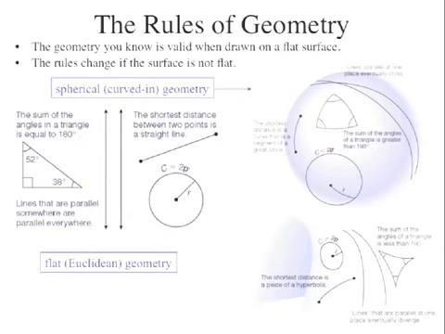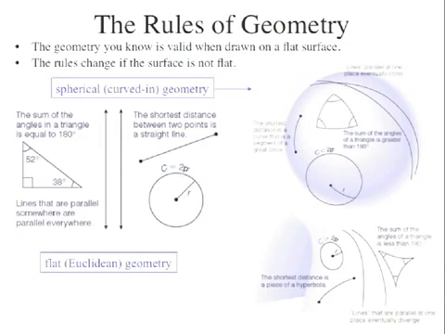So the shortest paths are lines of longitude, and except for the equator, they intersect everything. The shortest distance is a curve. If you measure the circumference, it's less than 2 pi times the radius. So the rules of geometry are completely backwards.